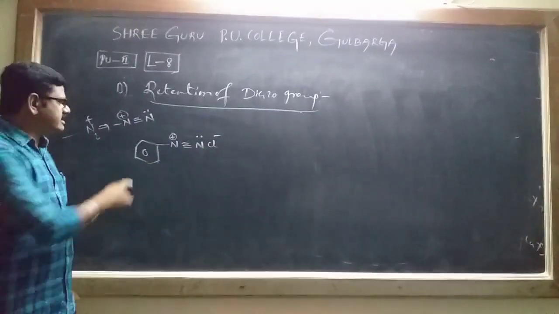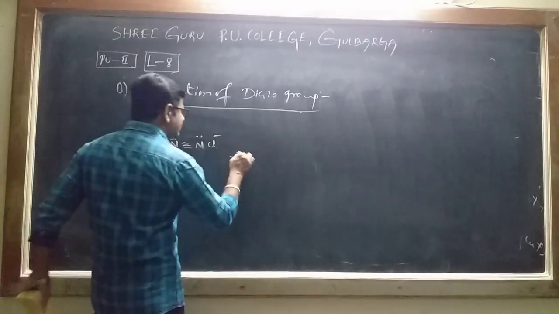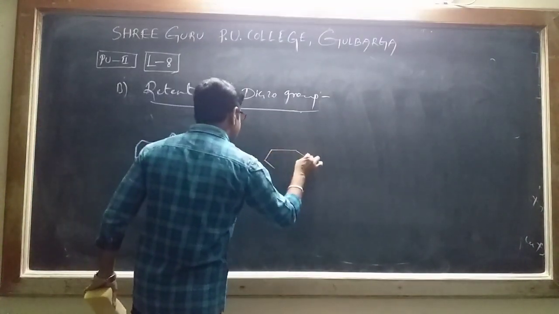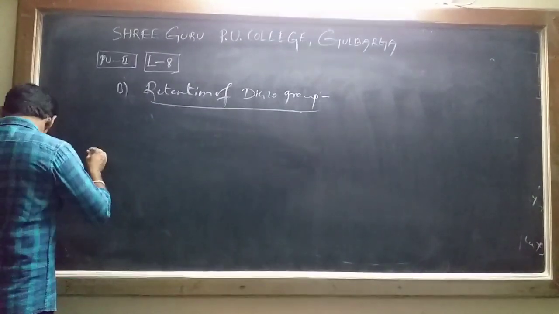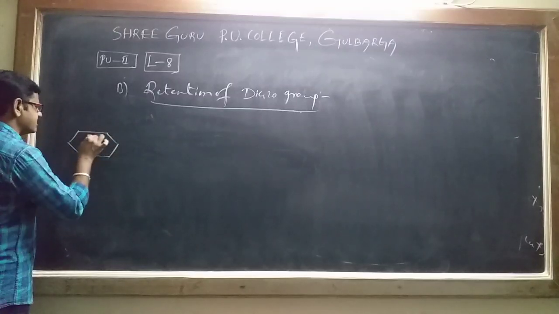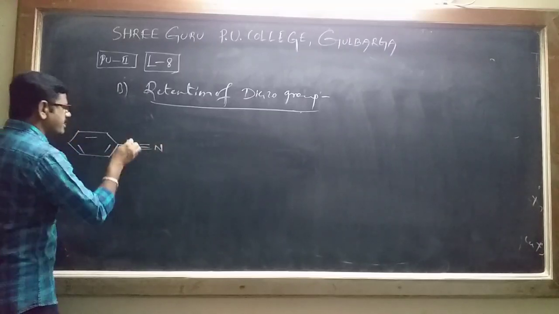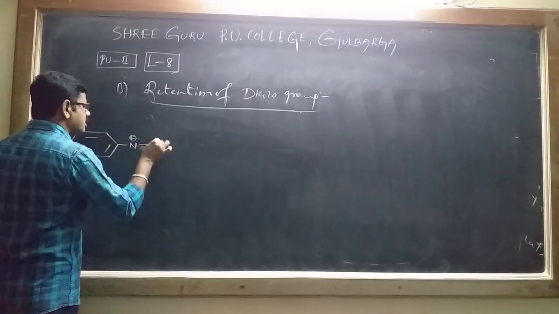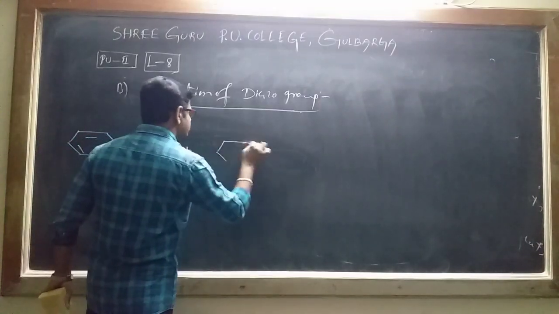Then, when this benzene diazonium chloride is reacting with phenol, otherwise you will write clearly like this. For understanding purposes I am giving the structure like this. Both are the same, no doubt. N triple bond N, plus charge, lone pair, Cl minus plus phenol.